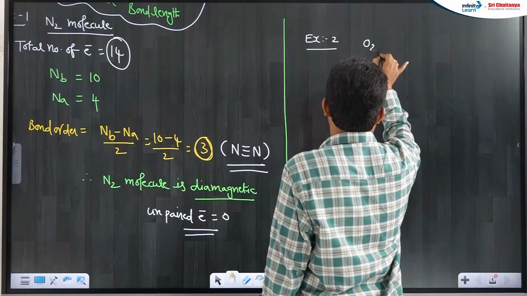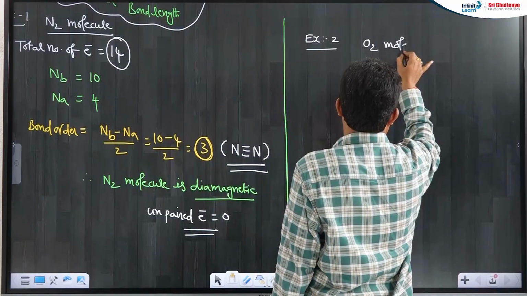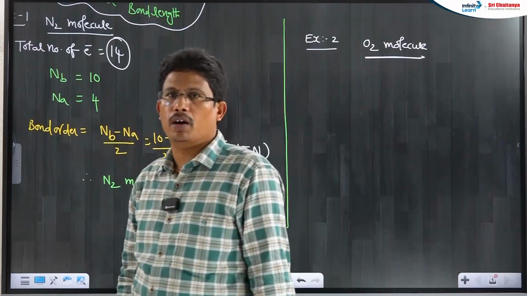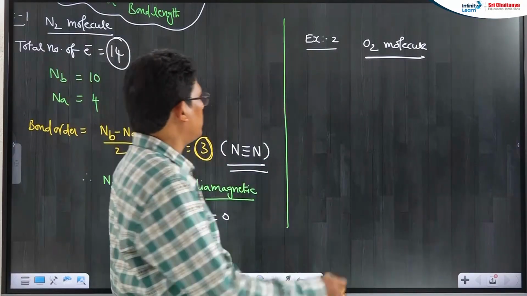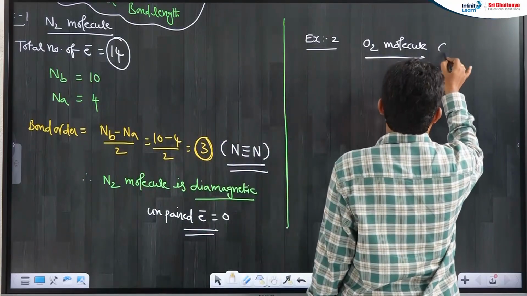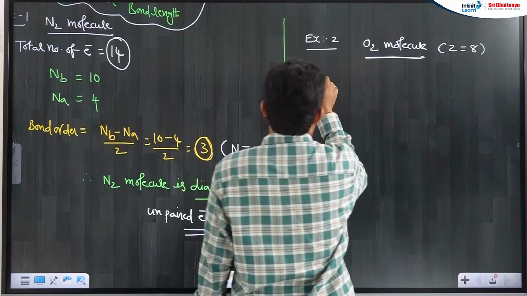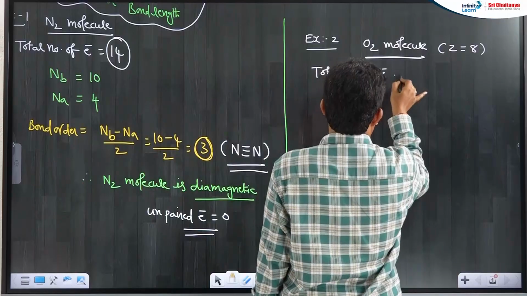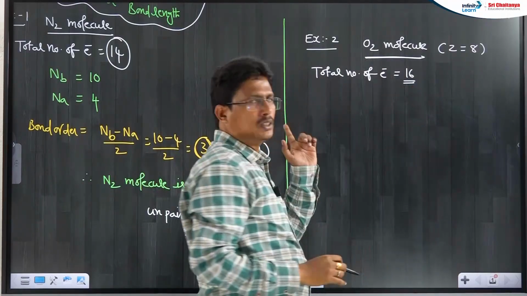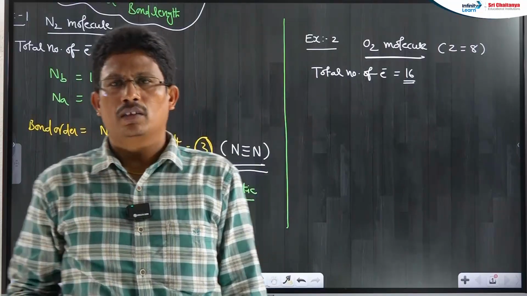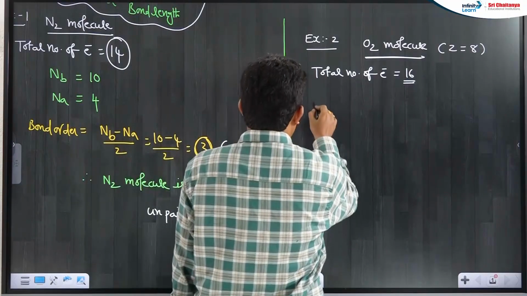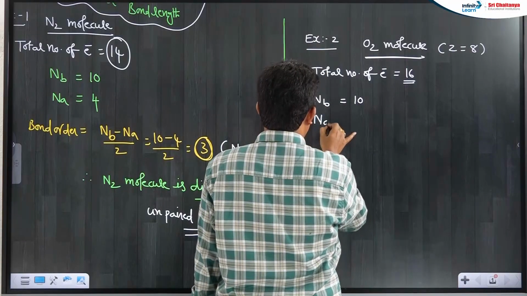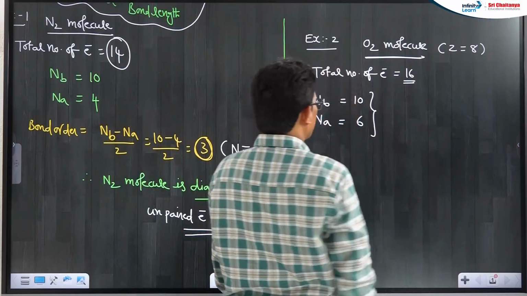O2 molecule. Atomic number of oxygen 8. In O2 molecule, 16 electrons are present. If you observe the configuration of 16 electrons, electrons in bonding orbitals Nb equal to 10, electrons in anti-bonding orbitals equal to 6.